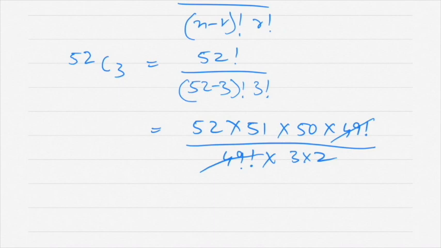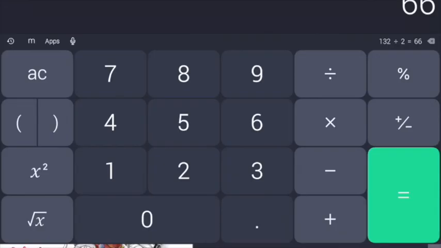Correct? Okay. So 49 factorial you cancel it. So 52 into 51 into 50 divided by 6.